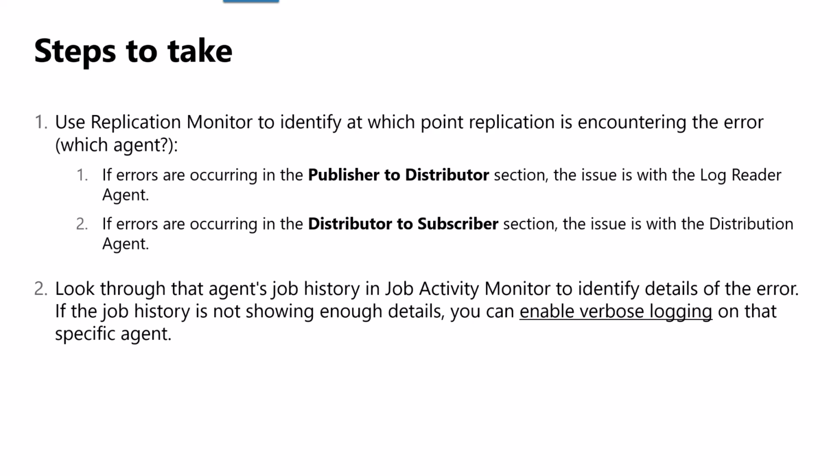Look through that agent's job history in the job activity monitor to identify details of the error. If the job history is not showing enough details, you can enable verbose logging on that specific agent. Once you've identified what the problem is, you can try to determine a solution for the error.